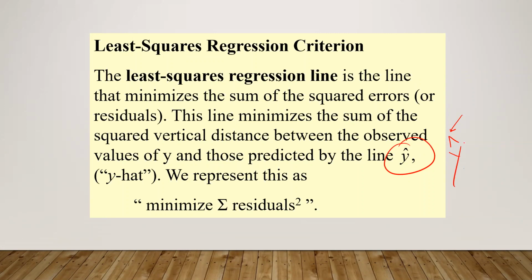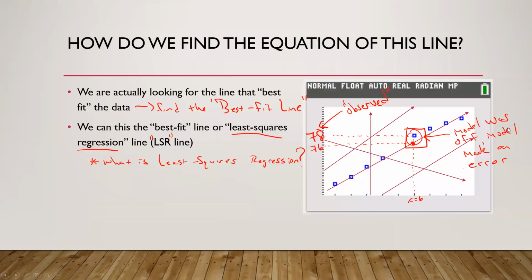Whenever you see this in statistics, it just means estimated or predicted. So this red line here is going to be my y hat equation, this mx plus b.